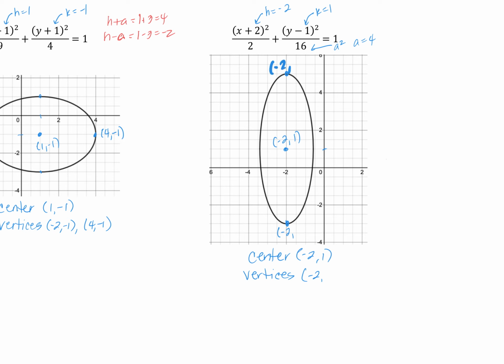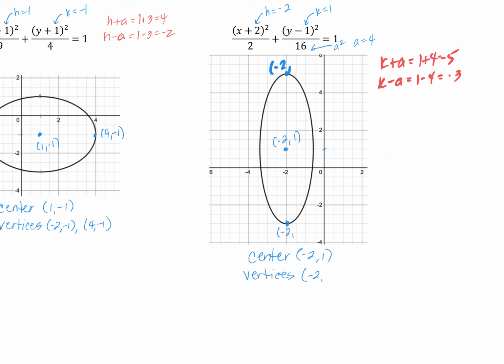How we find those somethings is we take our a value of 4 and we add and subtract it to our k value. So if k is 1, then k plus a is equal to 1 plus 4, which is 5. And k minus a is equal to 1 minus 4, which is -3.